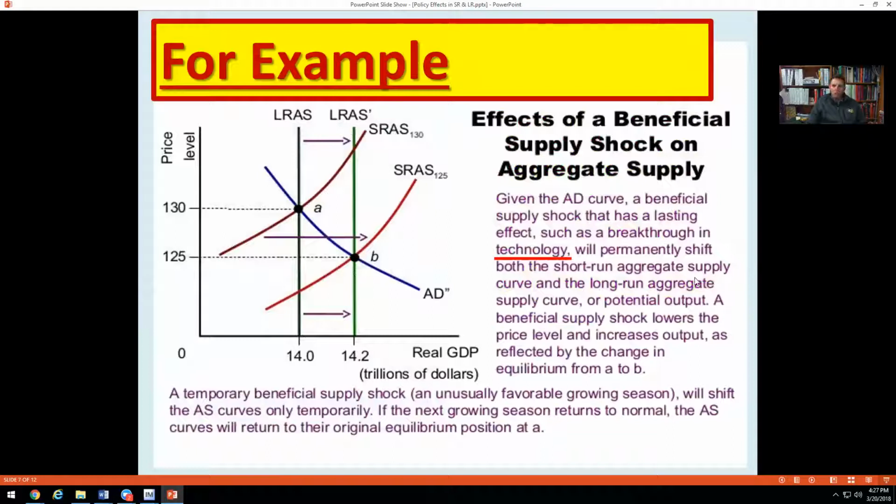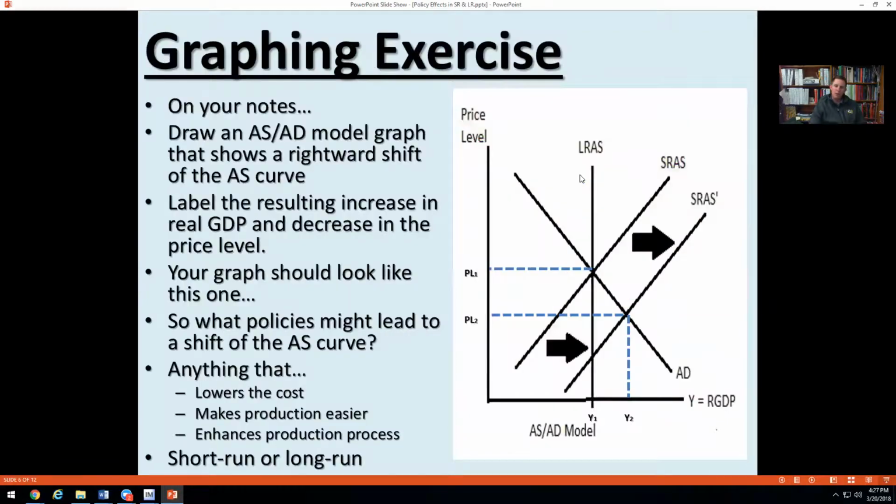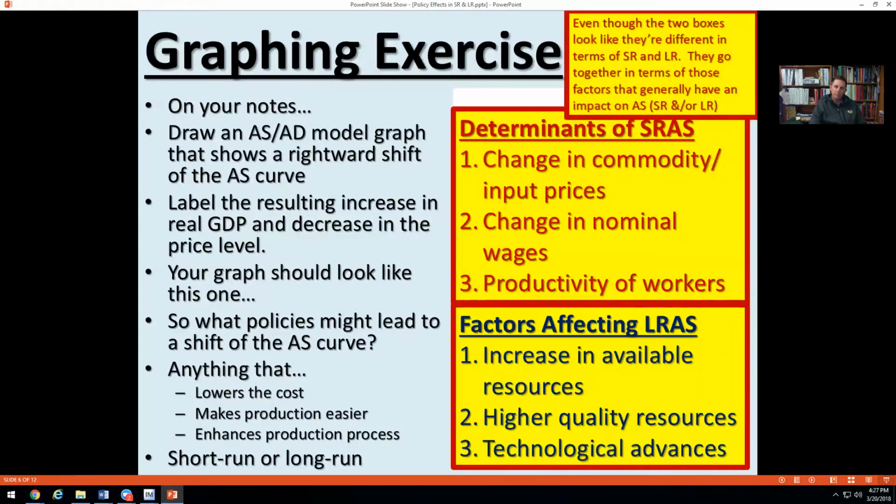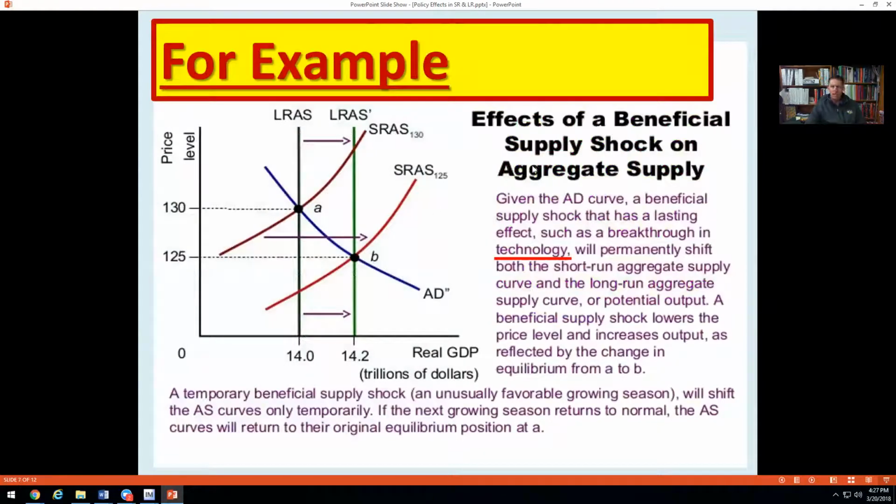So here's an example. Effects of a beneficial supply shock, like we saw back on this last slide. What would be the effects of that? Well, given an AD curve, a beneficial supply shock that has lasting effects, such as a breakthrough in technology, it won't just be this. Like I said, if it's sustainable, like a breakthrough in technology, then we will actually see the long run curve catch up.